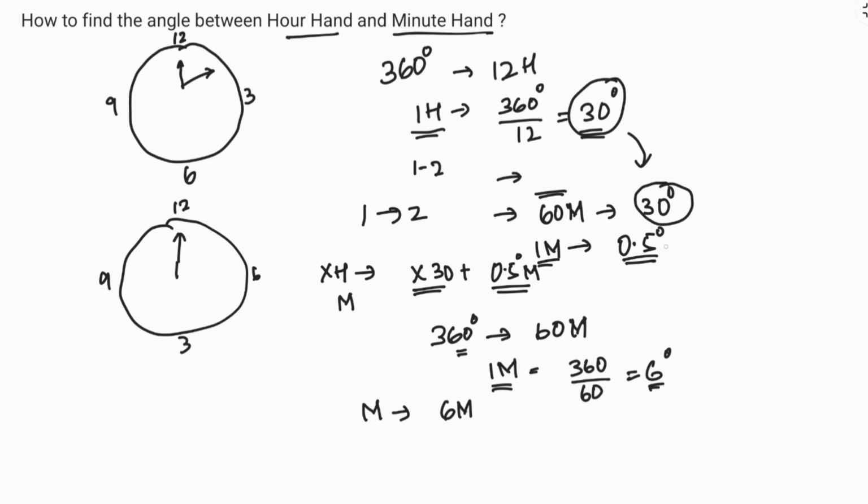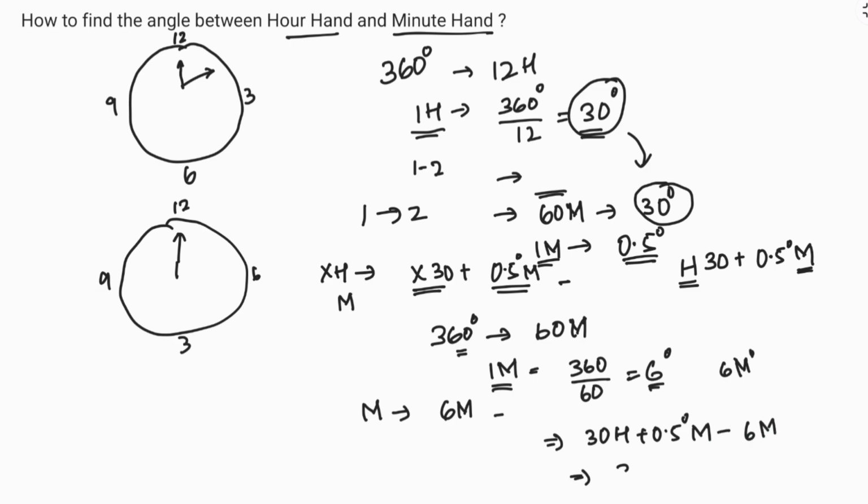Now since I had to calculate the angle between hour hand and minute hand, what I can do is just subtract my first value from the second value. So what will I get? If h is the hour and m is the minutes, my hour hand is at 30h plus 0.5m degrees, and my minute hand is at 6m degrees, so the angle between them is 30h plus 0.5m minus 6m.